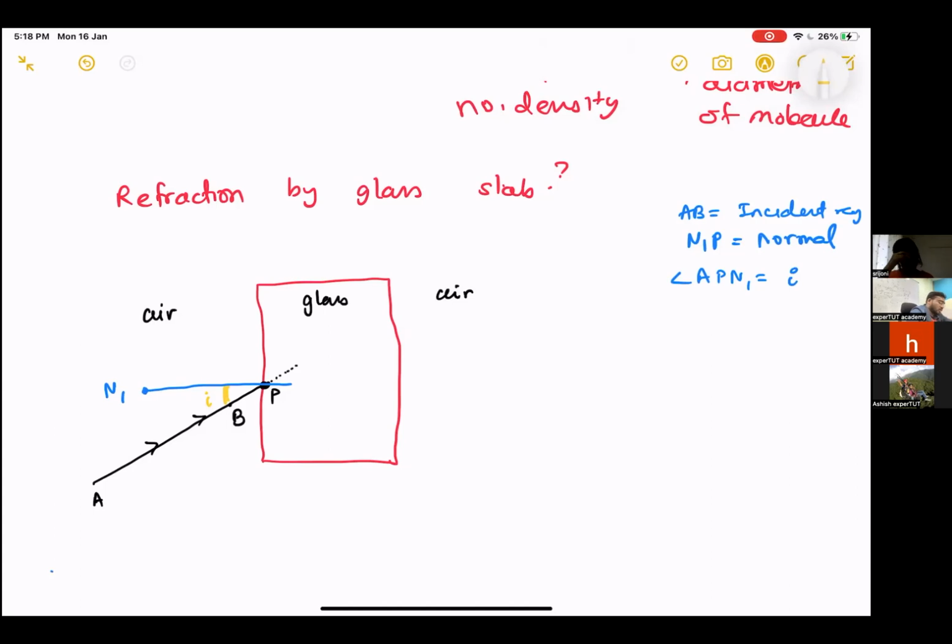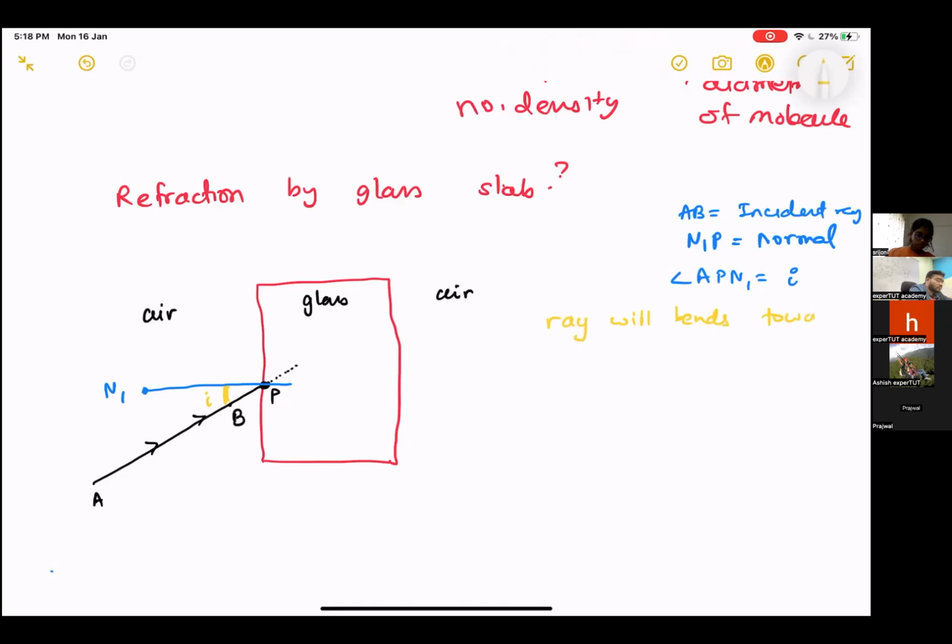Now, if you want to write, will this ray bend towards the normal or away from the normal? Towards. Why? Because glass is denser. So the ray will bend towards the normal because glass is denser.